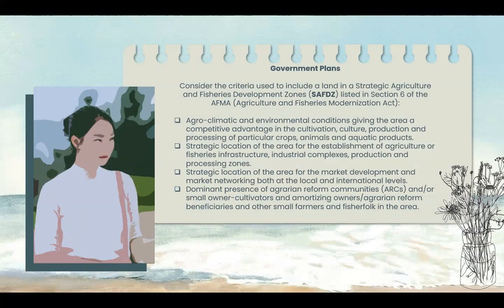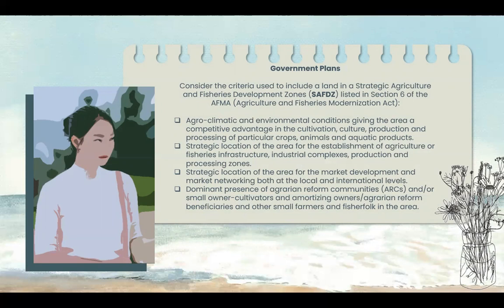Number 1, agroclimatic and environmental conditions giving the area a competitive advantage in the cultivation, culture, production, and processing of particular crops, animals, and aquatic products. Number 2 is strategic location of the area for the establishment of agriculture or fisheries infrastructure, industrial complexes, production and processing zones.